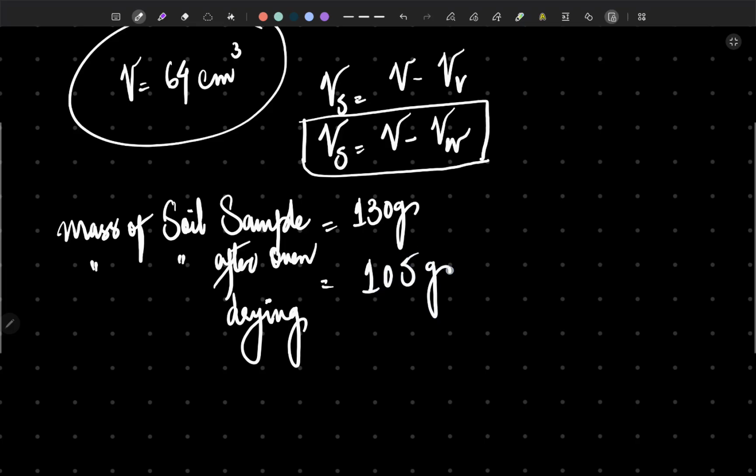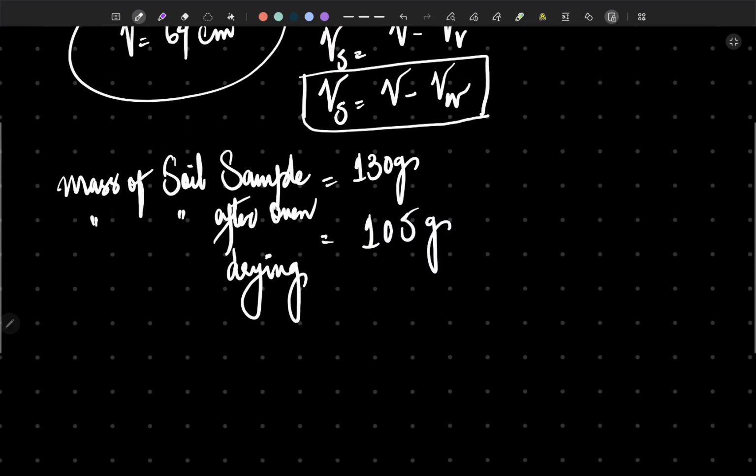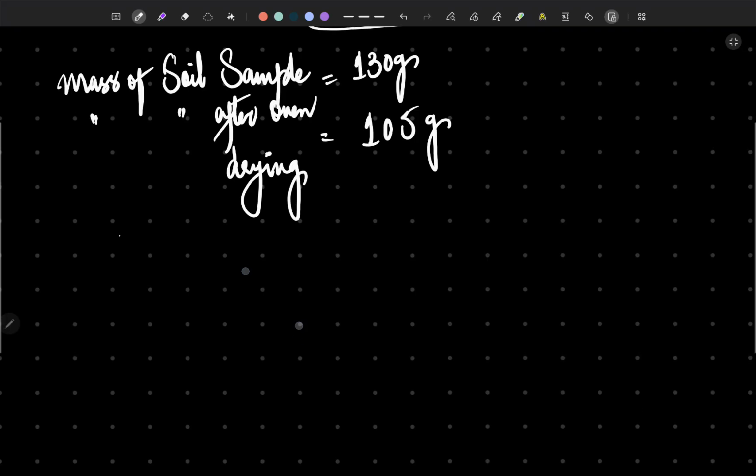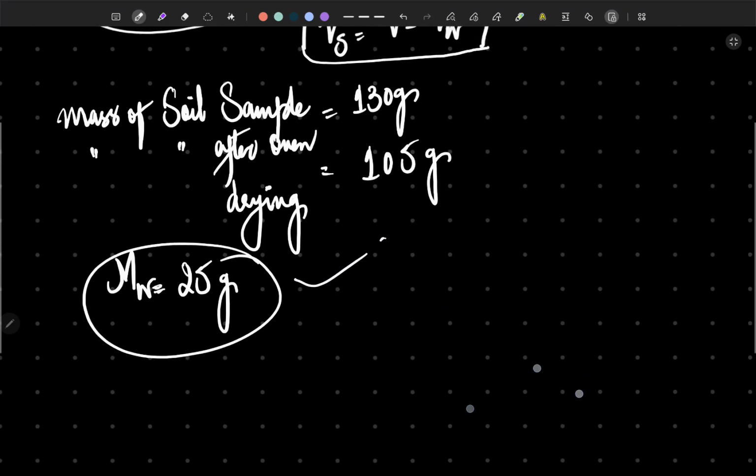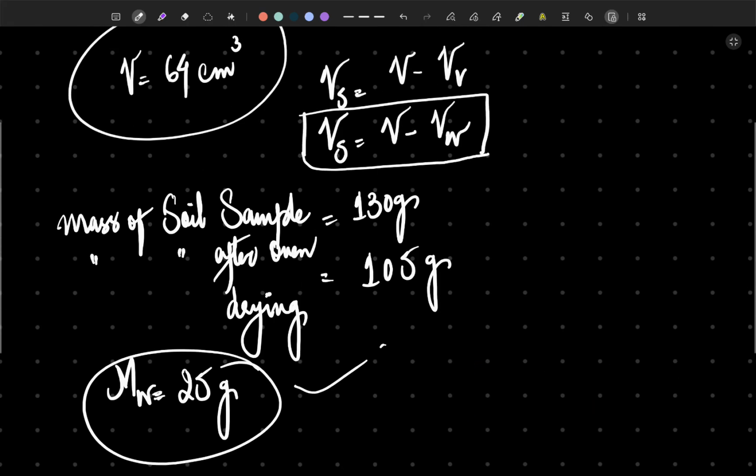So what does that mean? How much was the mass of water? This minus this, that is 25 grams. That's how I'll be finding my volume of water.